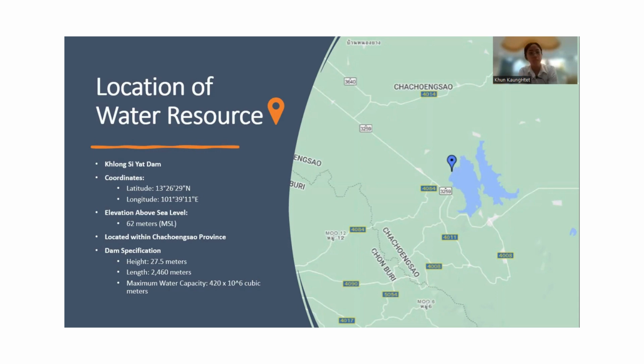It is situated 62 meters above mean sea level, and it is also within Chachoengsong province. For the dam specifications, it is 27.5 meters high, 2,460 meters long, and the maximum water capacity that the Klong Sia Dam can hold is 420 million cubic meters.